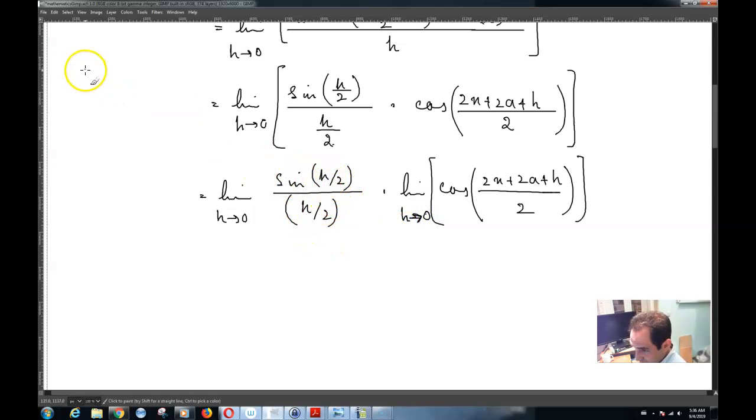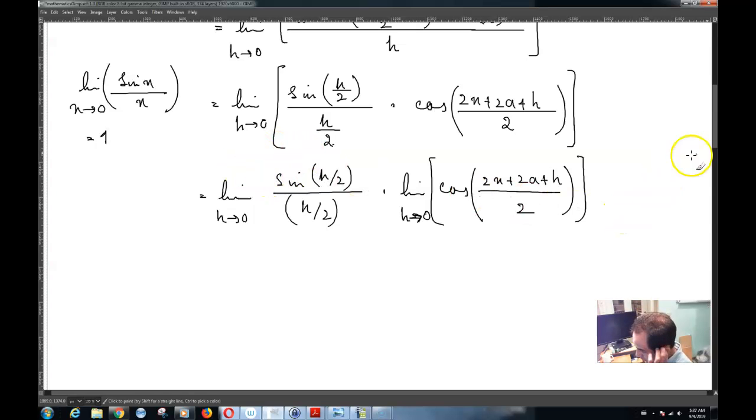Now you know that the limit of sine of x divided by x as x tends to 0 is equal to 1. So this is equal to 1.